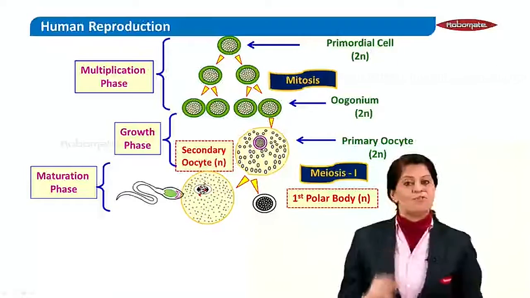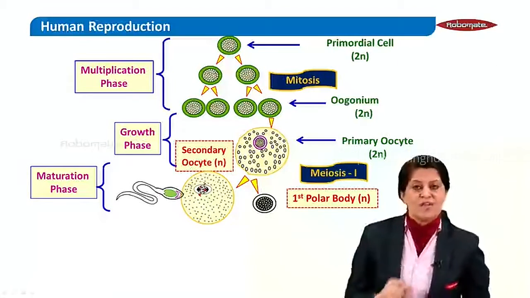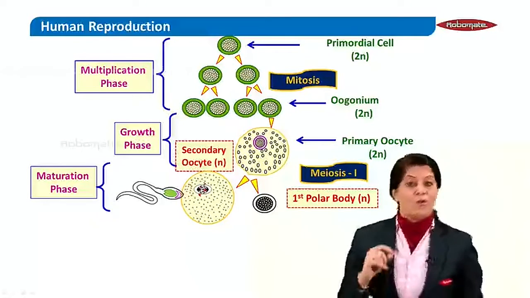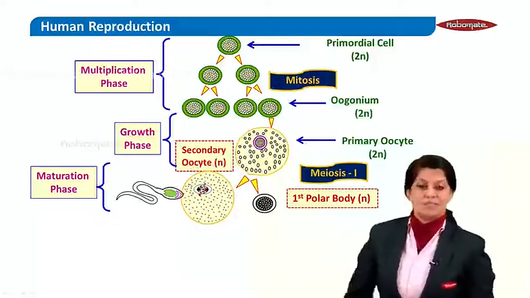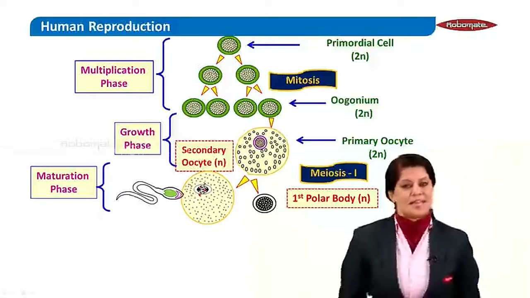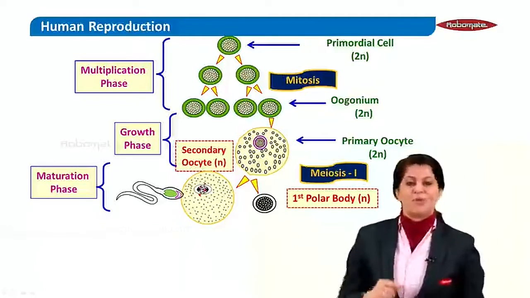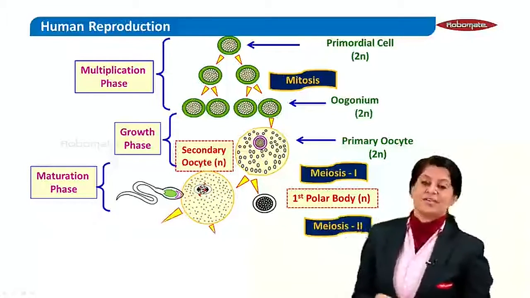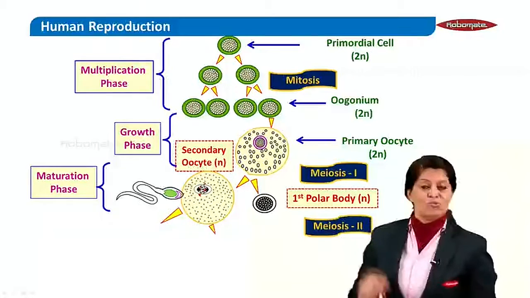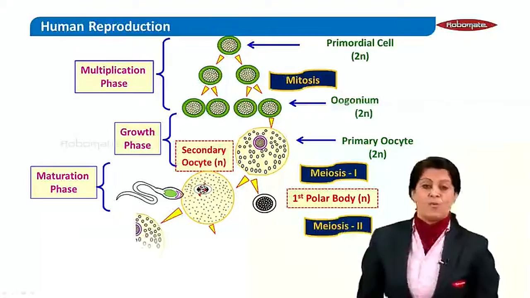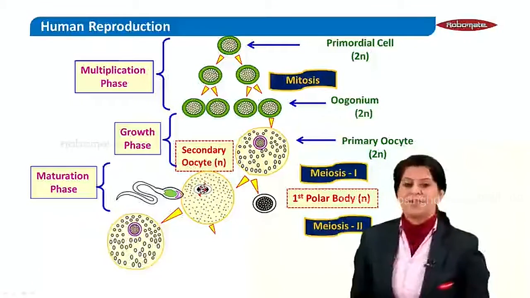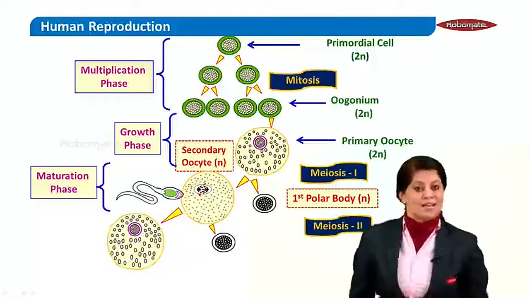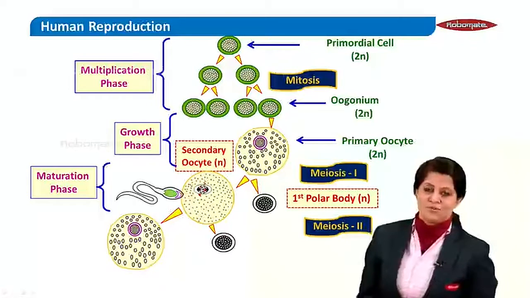When a woman ovulates on the 14th day, students, she ovulates at this stage of secondary oocyte, and only if a sperm fertilizes the secondary oocyte is it going to further proceed, and meiosis 2 proceeds, students, wherein again 2 daughter cells are formed. One daughter cell, the big one, is called the zygote, and another very small body is also formed, students.